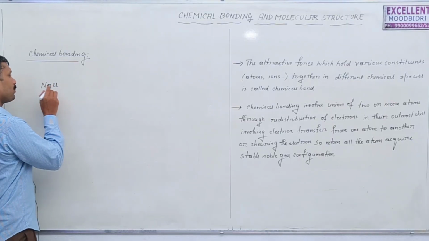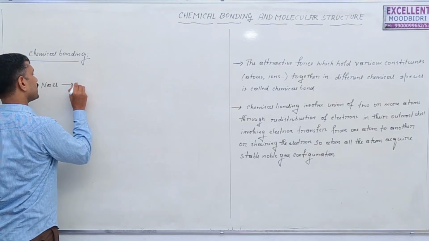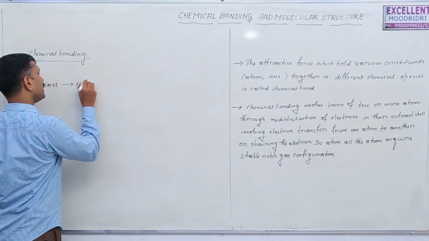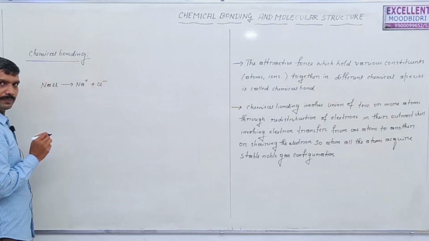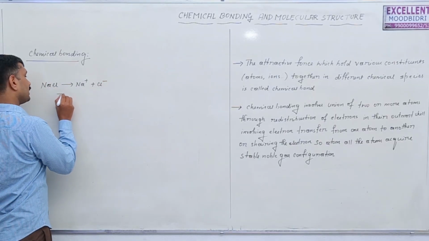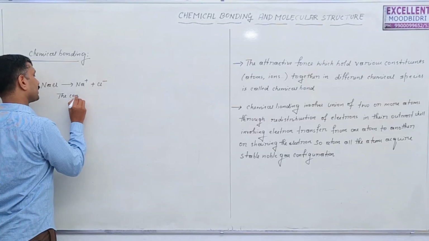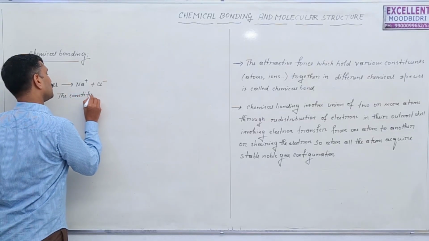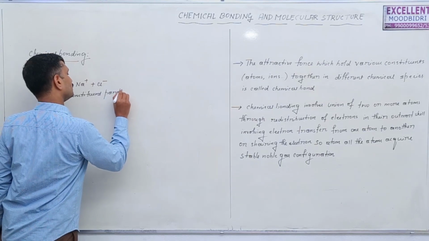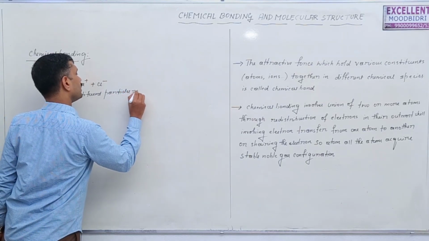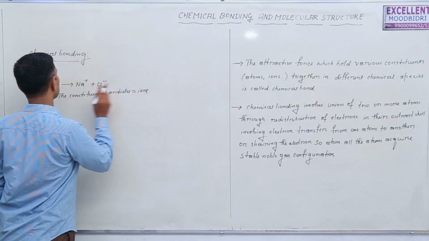The constituent particles of sodium chloride are Na plus and Cl minus. These are the constituent particles, here ions in case of sodium chloride.